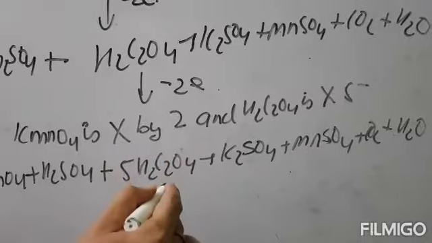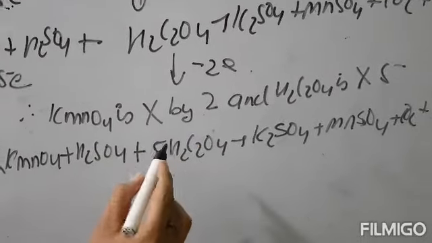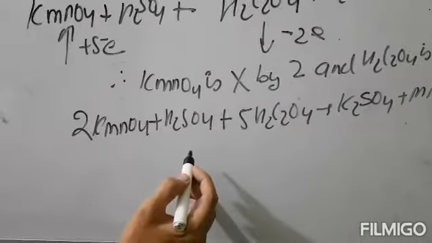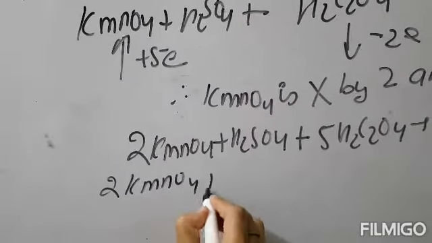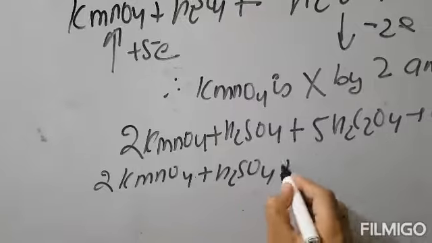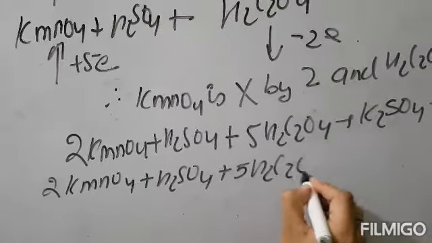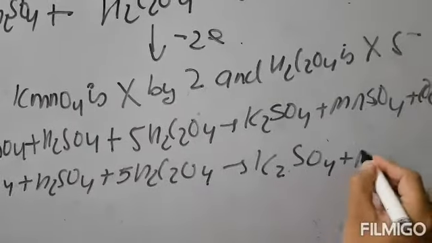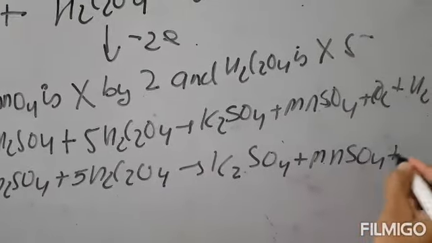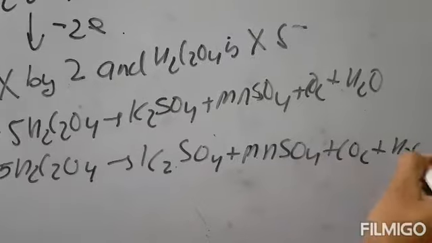Then comes balancing the equation with respect to all atoms except hydrogen and oxygen. So 2KMnO4 plus 3H2SO4 plus 5H2C2O4 will give you K2SO4 plus 2MnSO4 plus 10CO2 plus H2O.